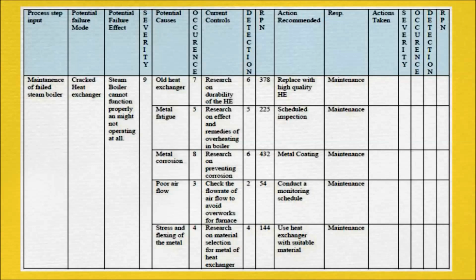The occurrence of the problem is rated by 7, 5, 8, 3 and 4, which means the higher the rating of occurrence, the more frequent the problem happens.